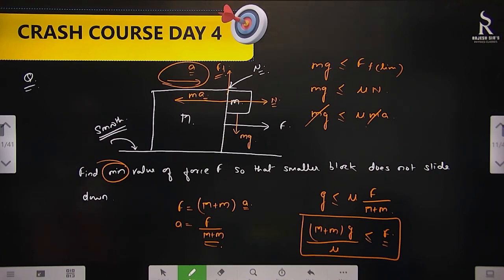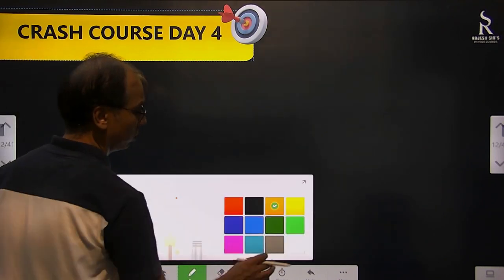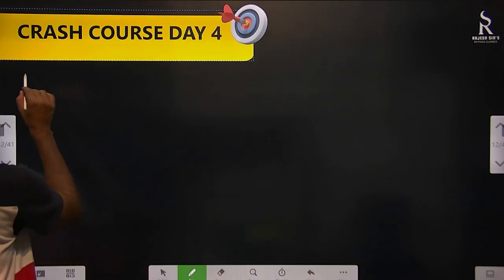Okay, this is two blocks in contact with each other. More questions? Block on block, very important.